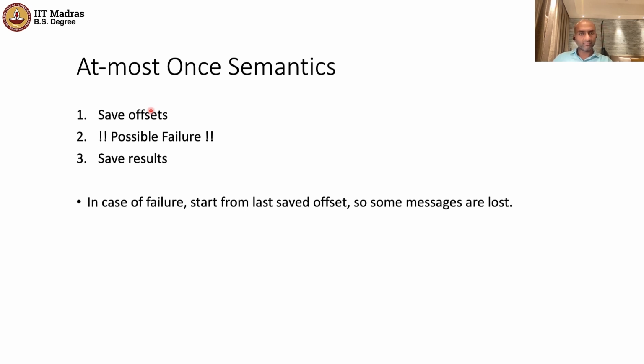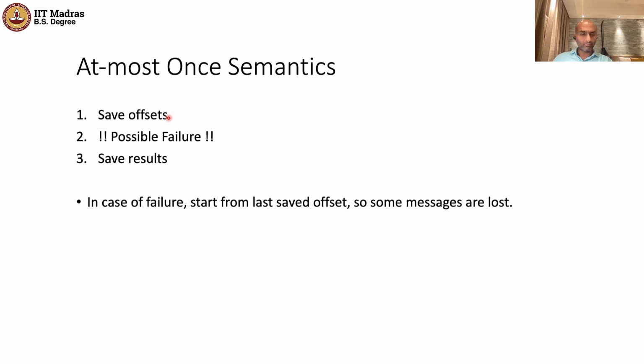So the offset has been increased and the new offset has been saved, right? So in this case, if you restart the consumer, the default behavior of all these consumers is that I'm going to pick up from where I left off, which means I'm going to read from the most recent offset that I have stored.